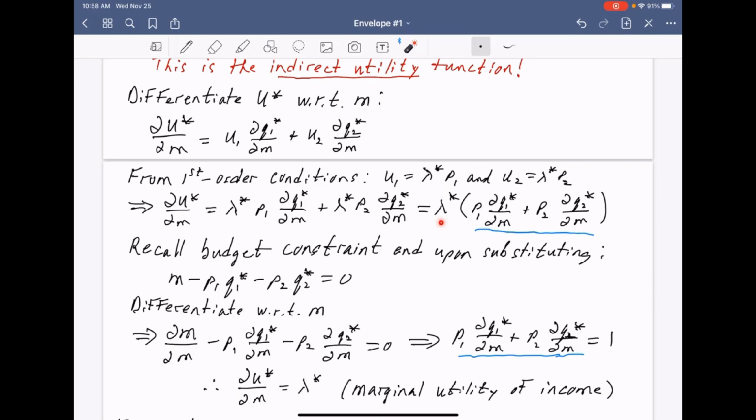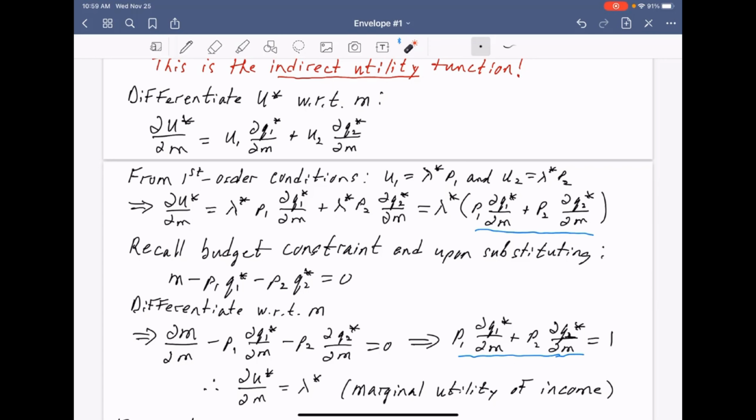And we can regroup that, so we end up with lambda star times P1 times the derivative of the Marshallian demand for good 1 with respect to M, plus P2 times the derivative of the Marshallian demand for Q2 with respect to M.